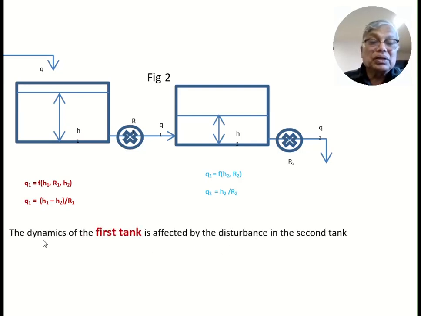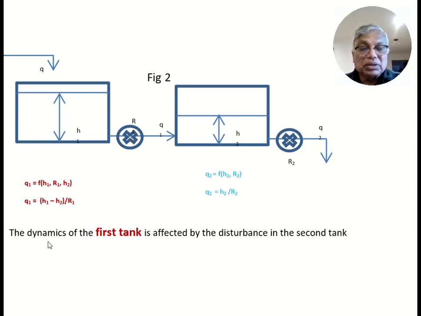So the dynamics of the first tank is affected by the disturbance in the second tank. The level H1 and also Q1 will be affected by disturbances in the second tank. If there is a change in H2, that is going to affect H1 as well as Q1.